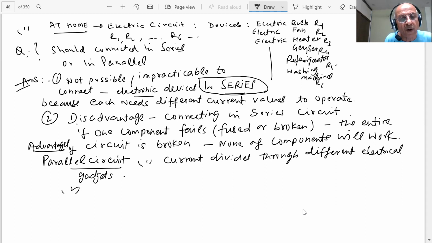One. Second, you have seen that when I connect resistances in parallel, 1 by R, the effective resistance you have found is less, whereas in series, the resistance increases.